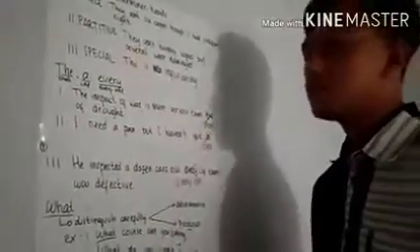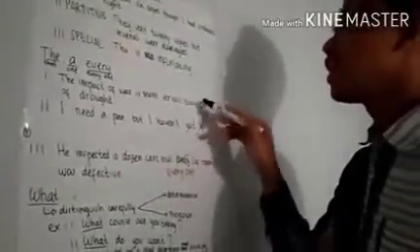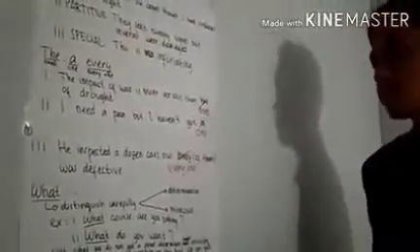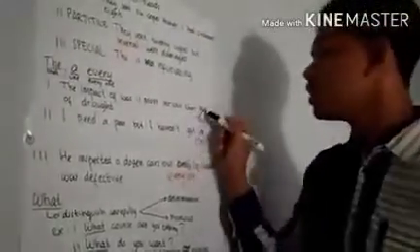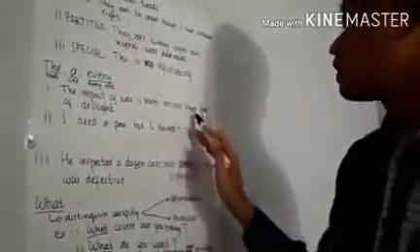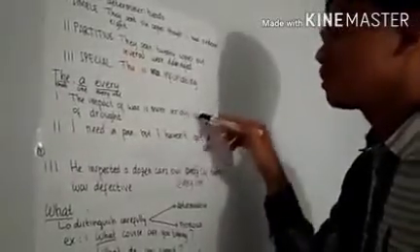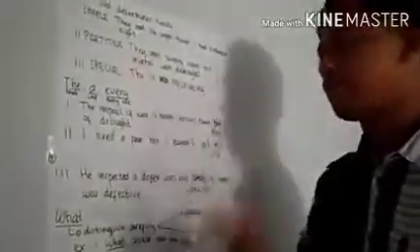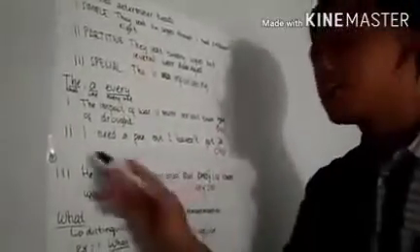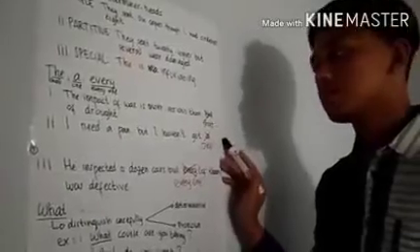For the example: the impact of war is more serious than the of drought. So we could replace the here with that. So the sentence will be: the impact of war is more serious than that of drought. Example for a: I need a pen, but I haven't got a.